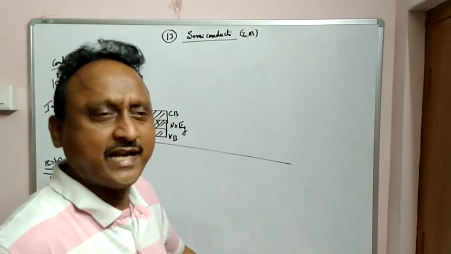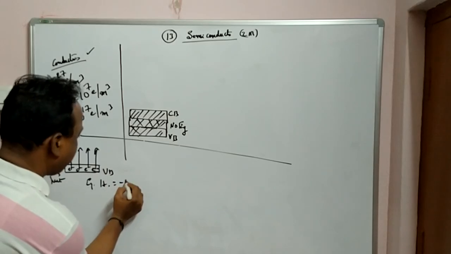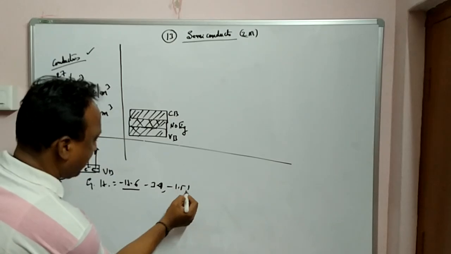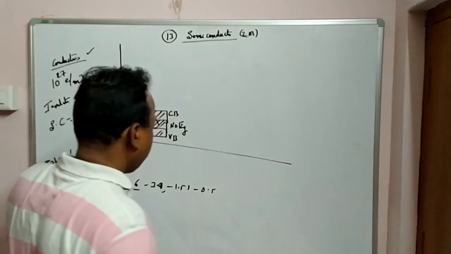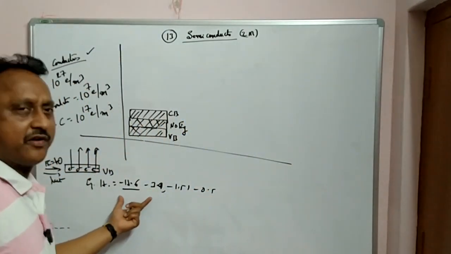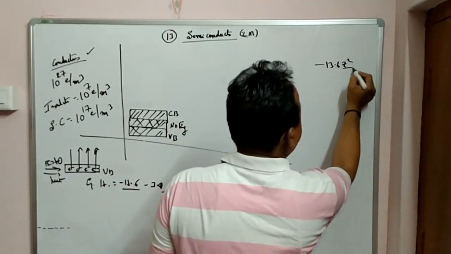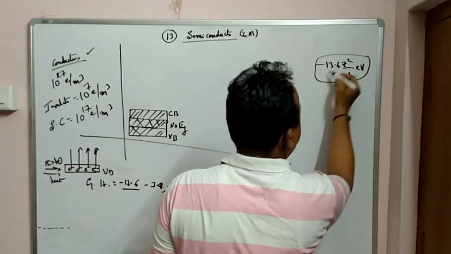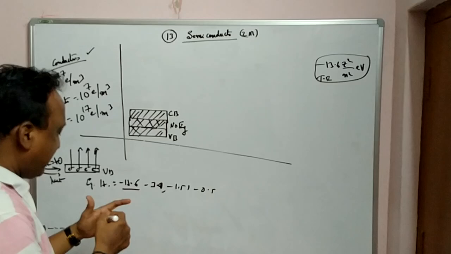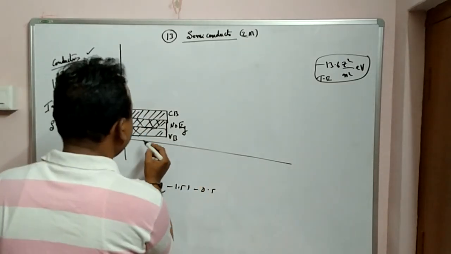We already know this jumping action from the atoms chapter: for a hydrogen atom, the energy levels from the formula minus 13.6 Z square by n square electron volt, from ground state to the higher levels. So when sufficient energy is given, electrons jump from the valency band to the conduction band. This is conductors.